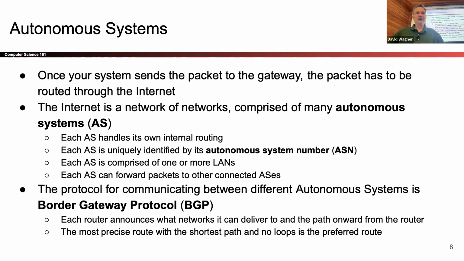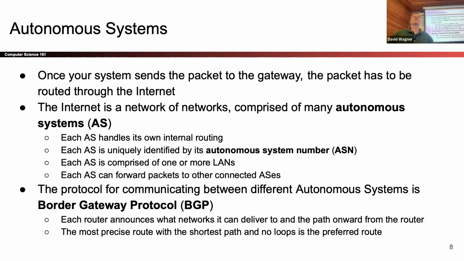And the lingo for this is autonomous system. An autonomous system is like a semi-local network that's associated with a single organization. Like there's an autonomous system for Berkeley. An autonomous system might consist of multiple local area networks and maybe multiple subnets even, but it's all under one administrator's control.